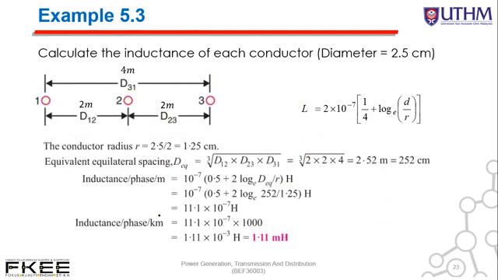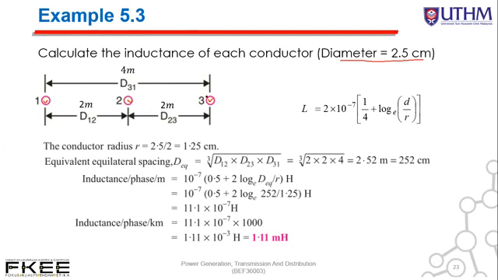Now let's look at a different case of different conductor distances. Calculate the inductance of each conductor where the diameter is 2.5 cm. You have conductor 1, conductor 2, and conductor 3, where the distance is 2 meter between conductor 1 and conductor 2, 2 meter also between conductor 2 and conductor 3, and 4 meter between conductor 1 and conductor 3.